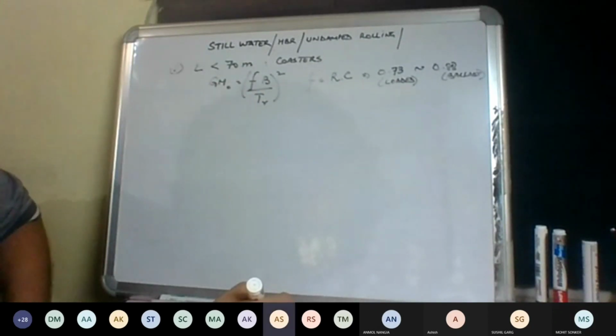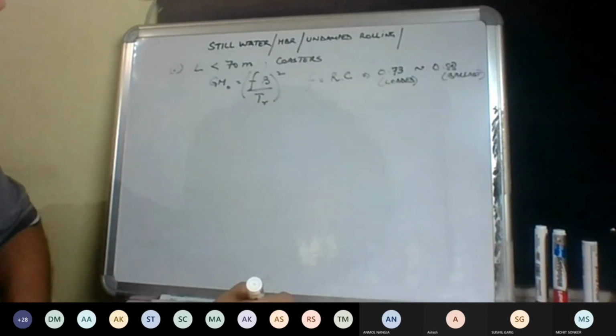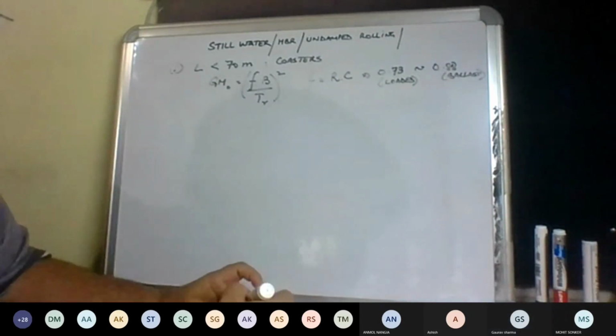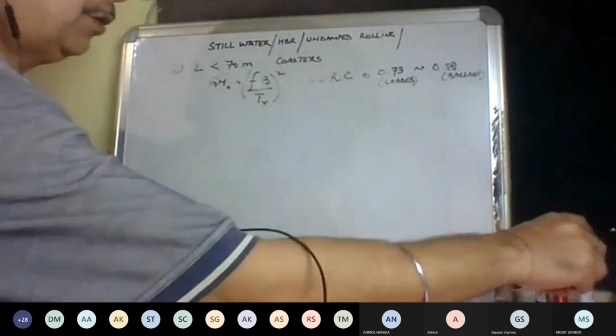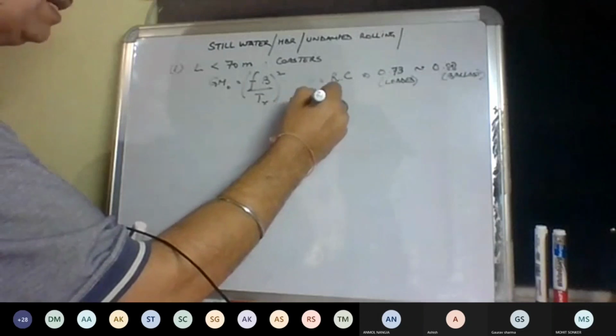So as per topic, I'm just revising it for one particular batch. TR is the time period of roll in seconds. This is also called the rolling period test, which was done in your phase 1 cargo.